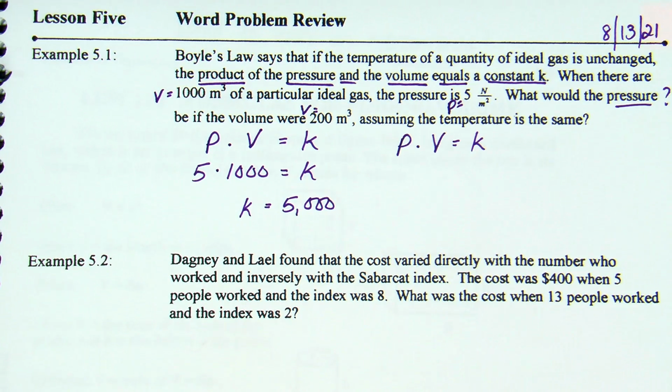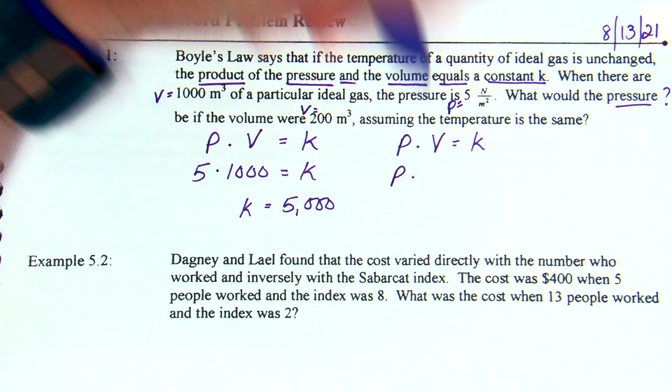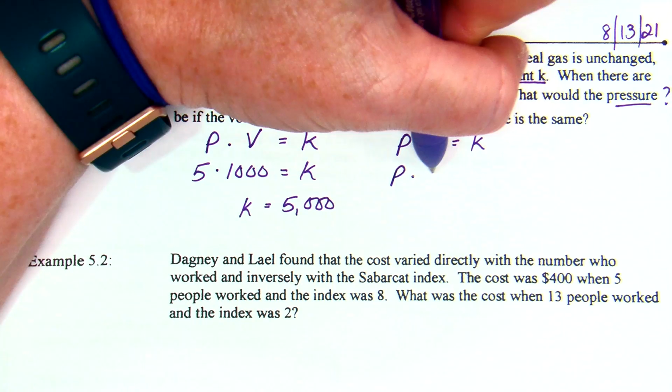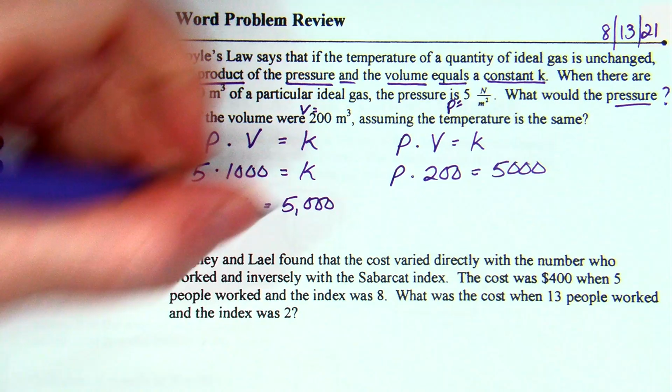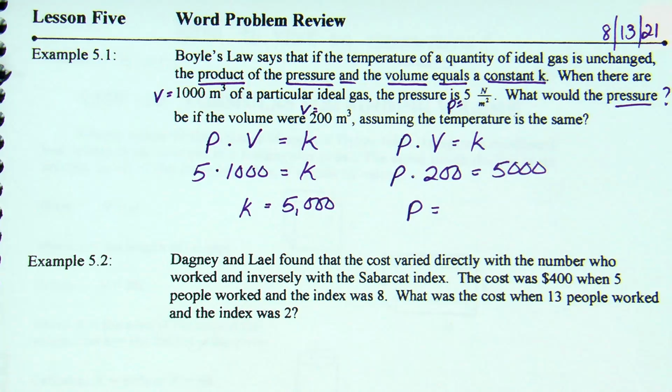We're using the K. We're trying to find pressure. My new volume is 200, and we're using that 5,000 as our K. So if we find P, it's P times 200, so we're going to divide by 200, 5,000 divided by 200.